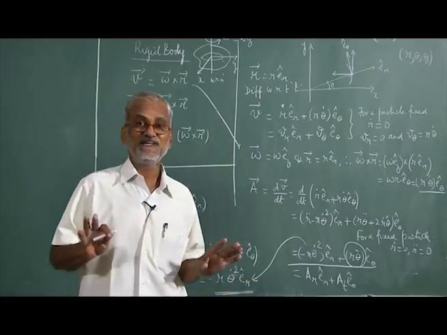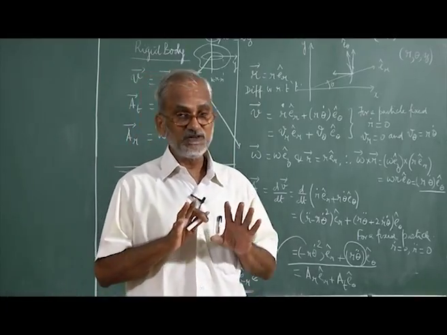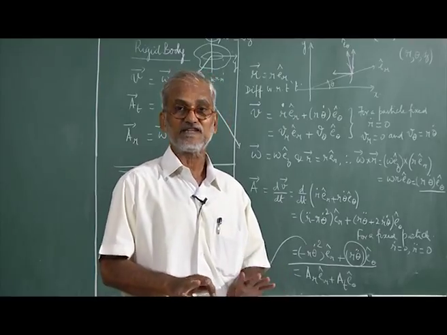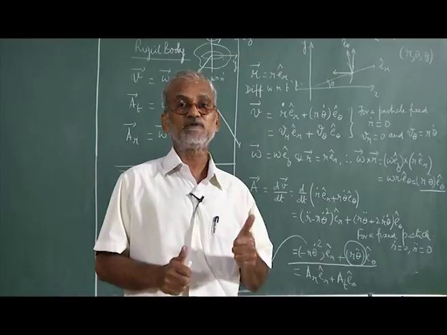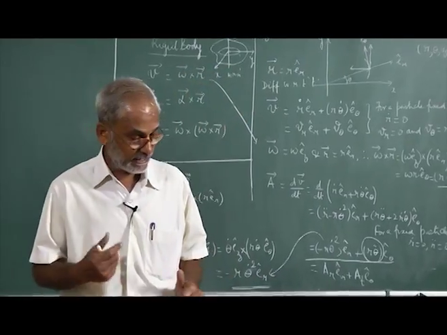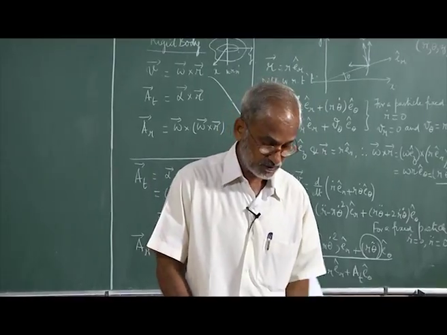This tells you that even though rigid dynamics is a special subject, you can always study it as the motion of a particle in 2 dimensions if one axis is fixed. And so with this I will proceed further for today's topic.